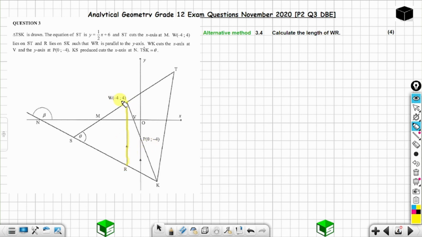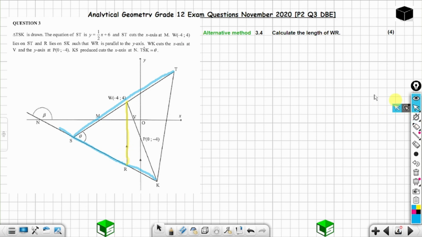WR. Now you can see the length, this distance WR, the line is trapped between this line and this line. Between the two lines you have this WR.